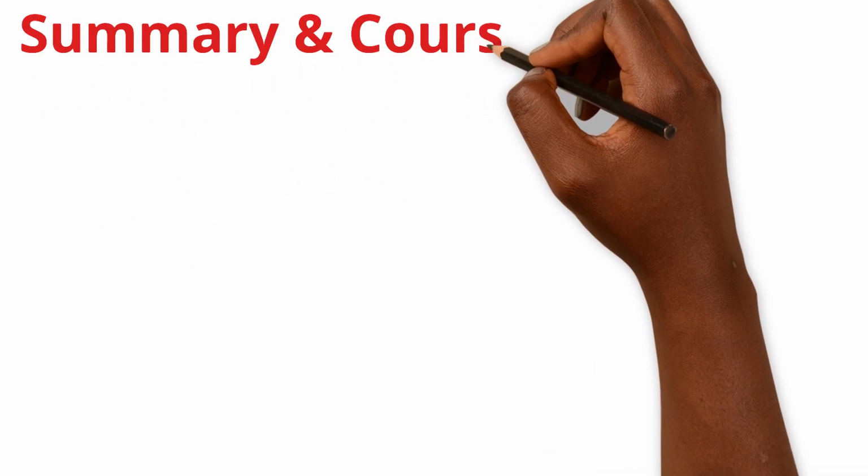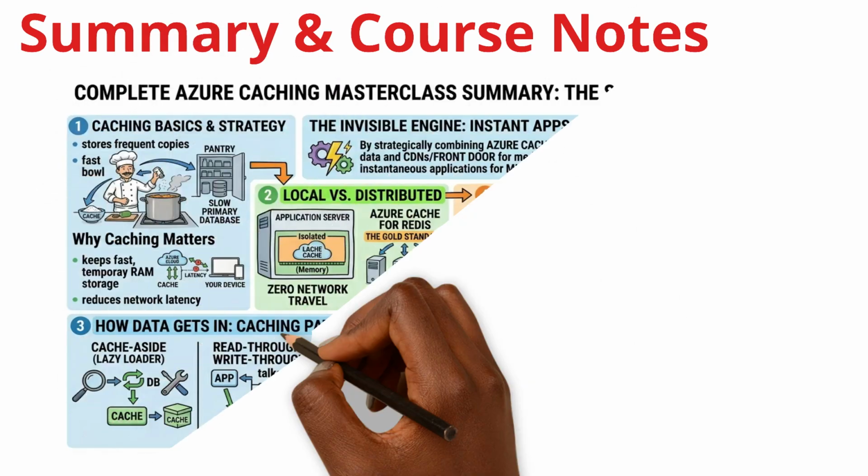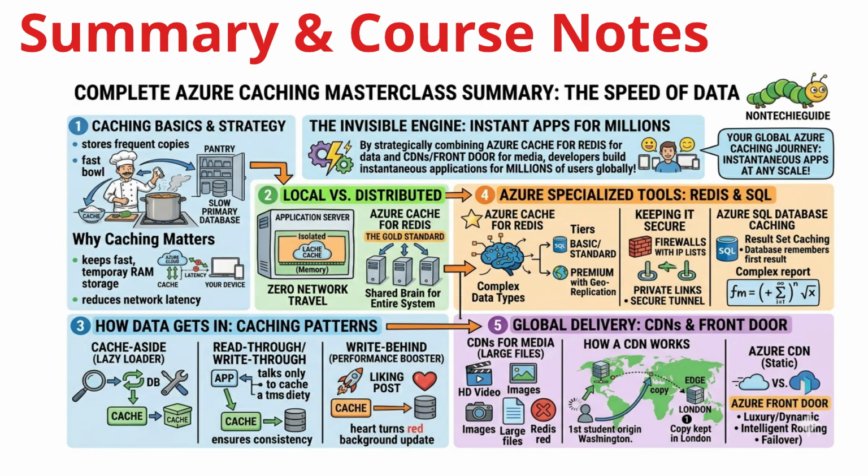We've just completed a deep dive into the invisible engine of the modern internet, Azure Caching. We started with the basics, learning how caching acts like a chef's salt bowl to eliminate the pantry trip to a slow database. We explored the difference between local memory and distributed shared brains like Azure Redis, and mastered the patterns, from the lazy loader to high-speed write-behind strategies.